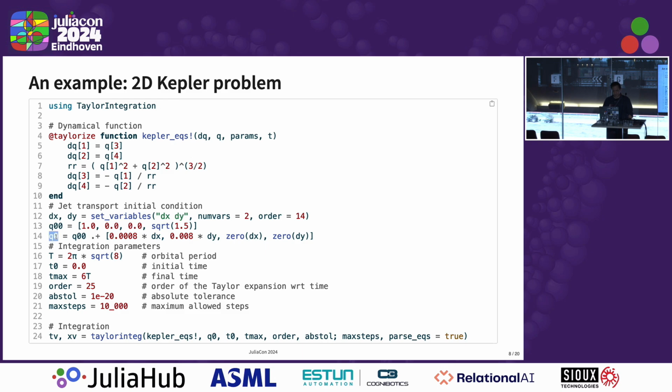And then the initial condition Q0 is just Q00, which is the nominal or reference initial condition, and this other part in the initial condition are the perturbations, right? And then these are only the integration parameters, and then we call taylorinteg, which is the function we use to solve ODEs in the Taylor integration setup.